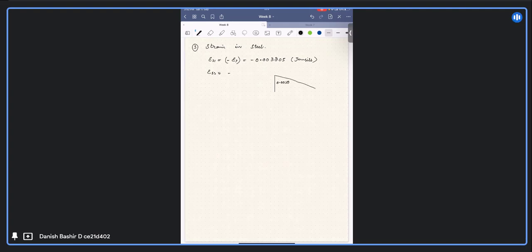Then I take a triangle like this and come up to this point where the neutral axis depth is, and after that this is d by 2 minus, sorry. Actually, this distance is this up to this. This is xu.